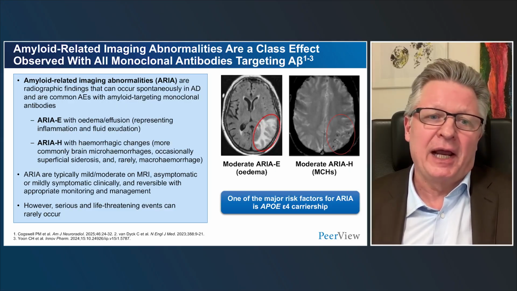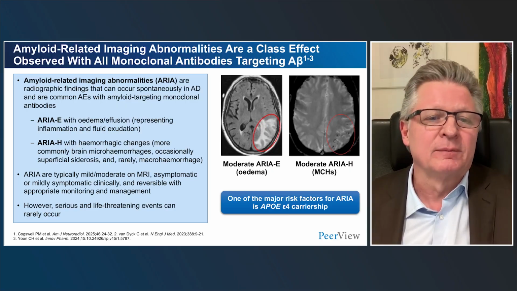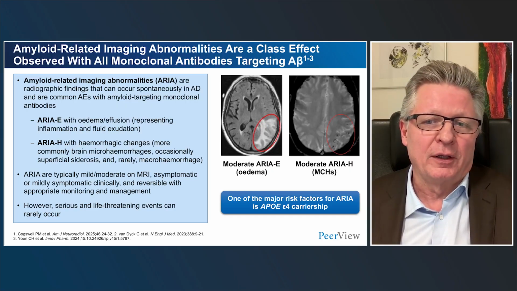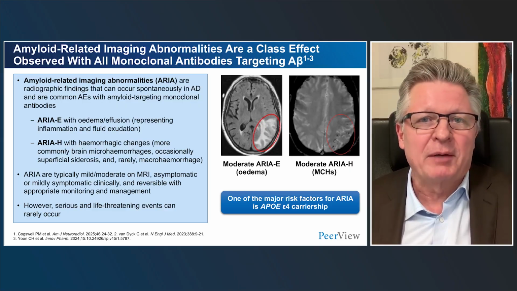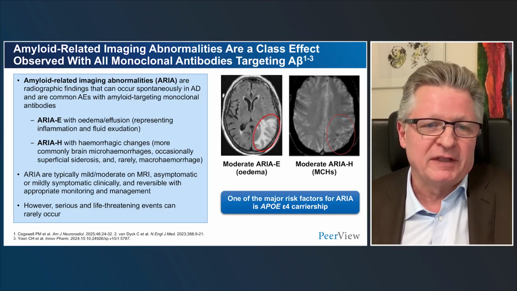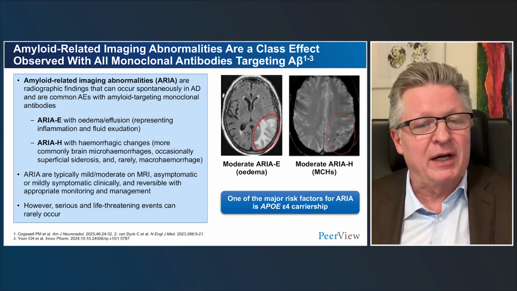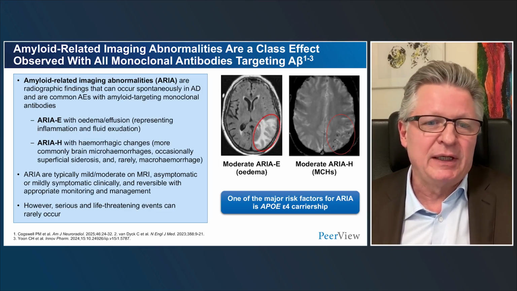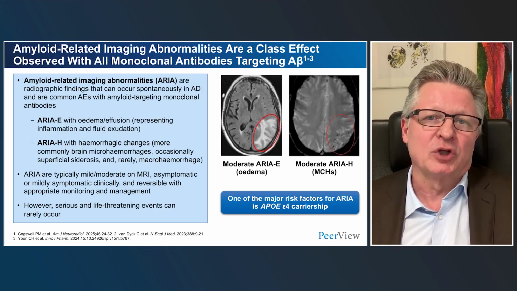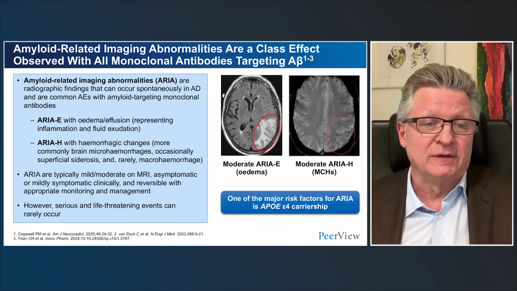And there's ARIA-H. H stands for hemorrhagic changes, which are either microbleeds, so the travel of red blood cells from the walls of the small vessels into the brain tissue, or also siderosis, and in very rare cases even larger bleedings, which are potentially of harm for patients.